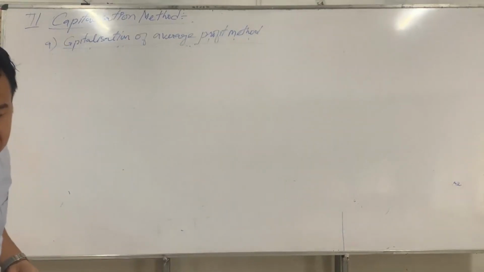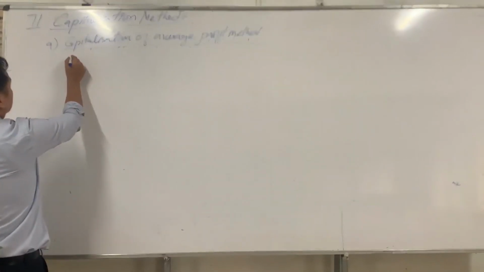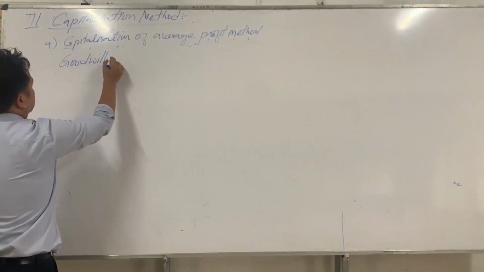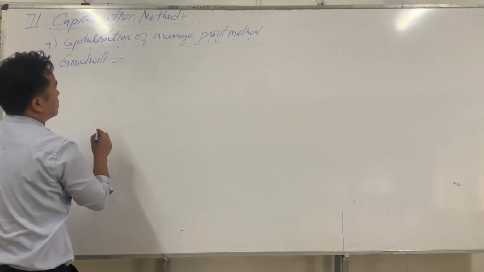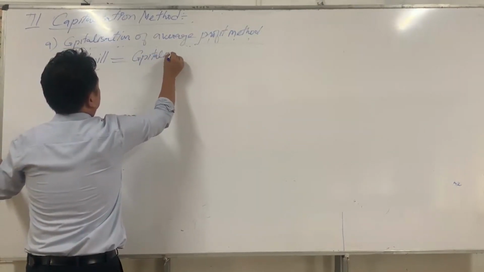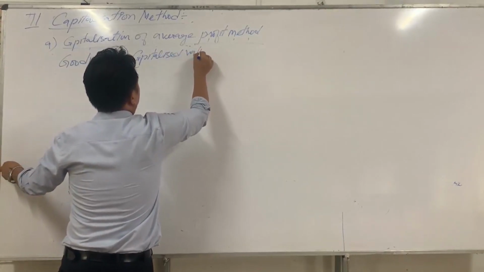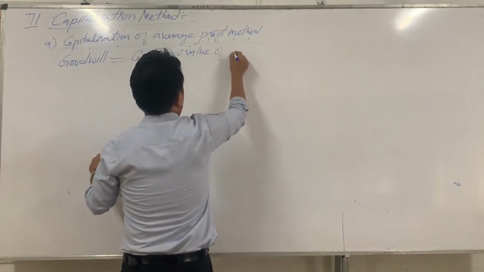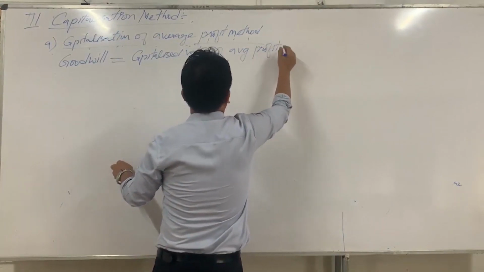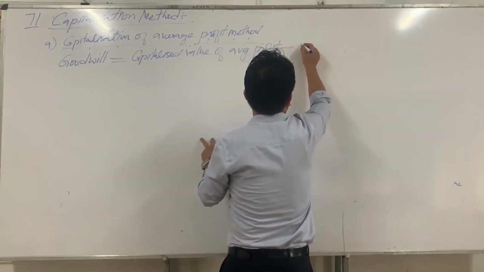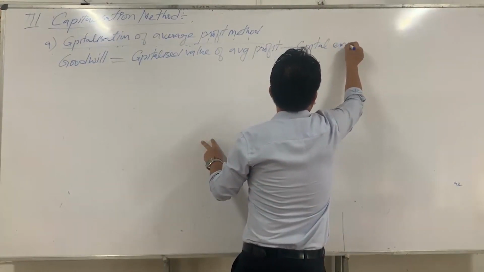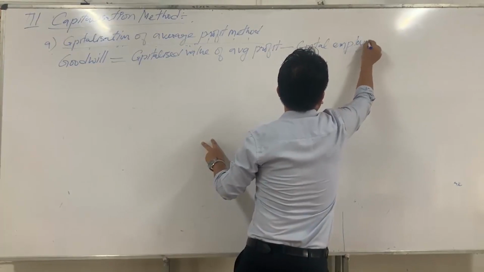So, under this method, goodwill is equal to capitalized value of average profit minus capital employed.